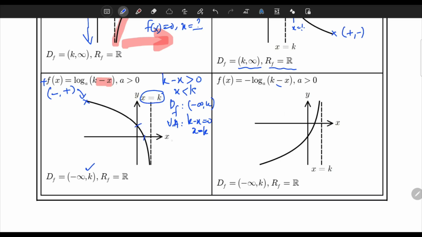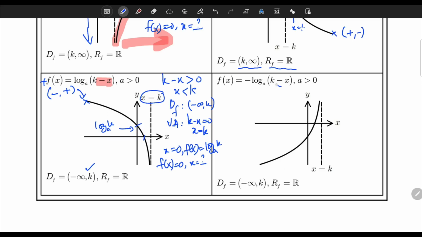When x is 0, you get f(x) to be log k base a. So that is the value for your f(x). Similarly, to get your x-intercept, you set f(x) equal to 0, and then you can get your x.